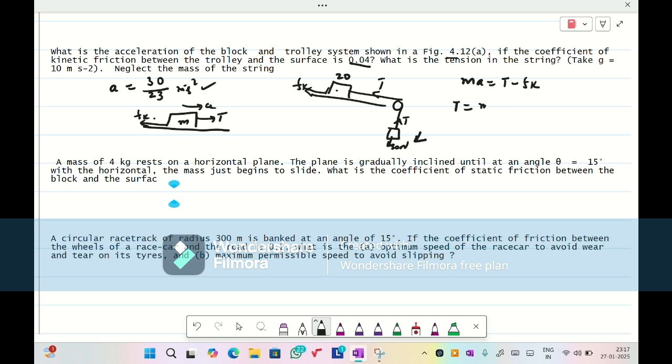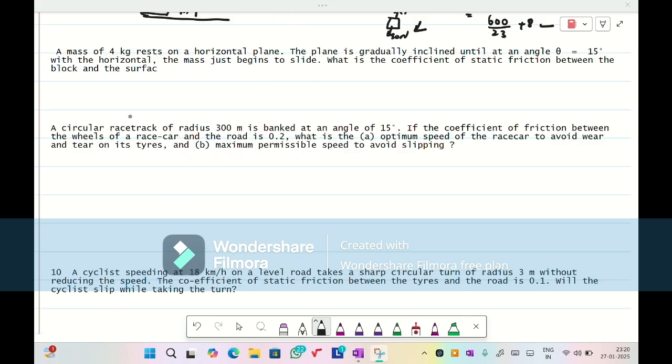M into a we already got, that is 600 by 23, plus Fk equal to mu mg, mu is 0.04 into M equal to 20 into g. Here g equal to 10, so this is 8. So this is the tension. Something will come as the answer. Next case.